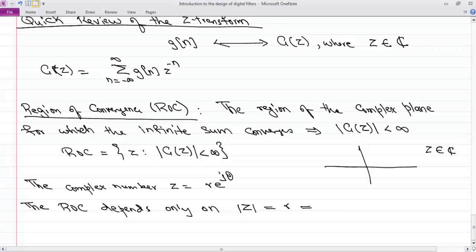So this means that the ROC depends only on the distance from the origin.